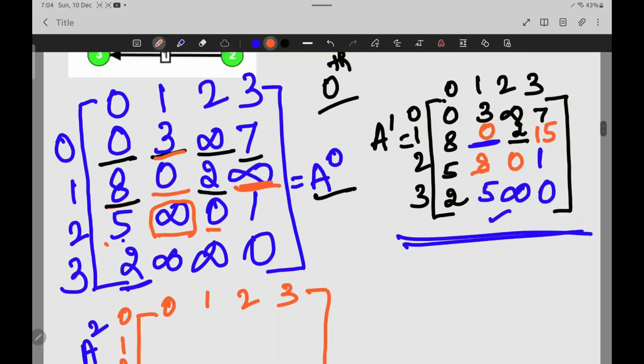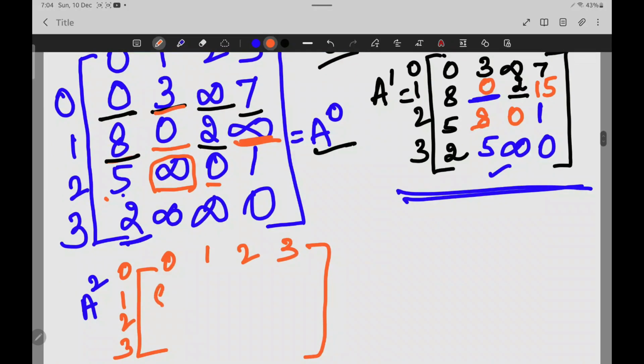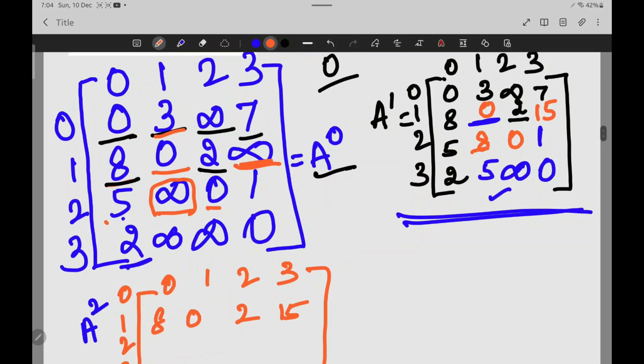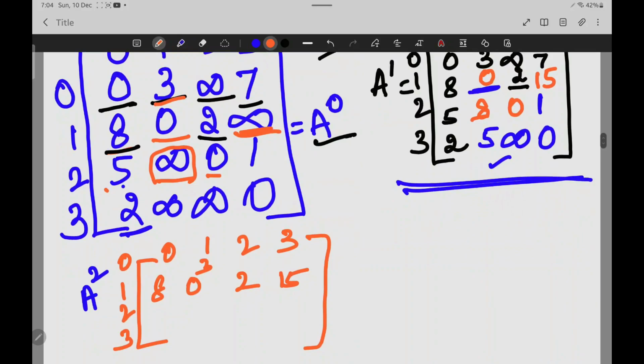So here this will be the same. 8, 0, 2, 15. 3, 0, 8, 5. So this second row, second column will be same. We need to find the remaining value. So what is the remaining value? How can we find it out now?